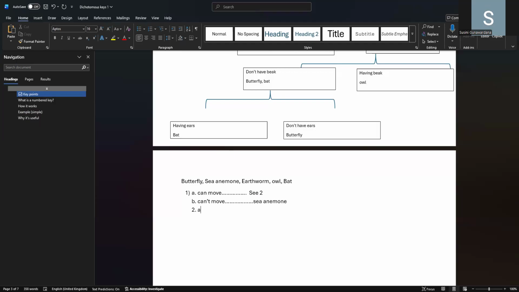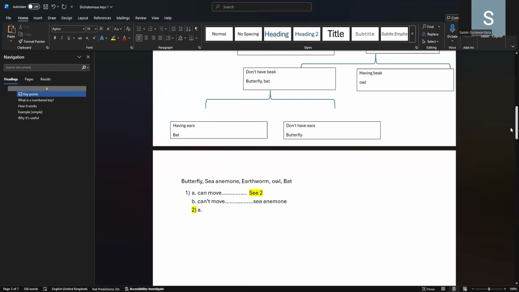2A. 2 again A. Right? This 2 is this 2. Okay? So in that case, the remaining 4 animals will be indicated by this second option.